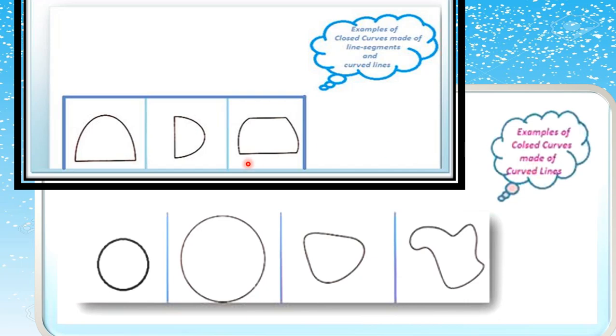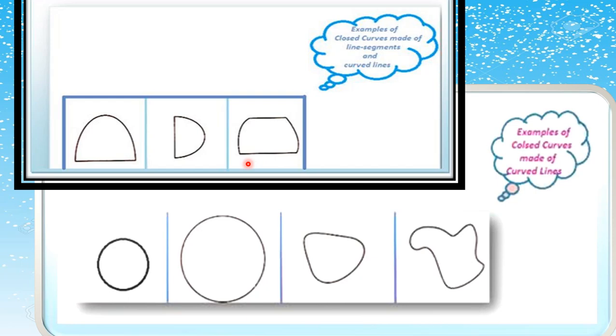Can you tell whether a line segment is a curve? Yes, a line segment is also known as a curve, because when we draw a line we do not lift the pencil. We draw a line segment in continuation, not lifting the tip of the pencil from the paper.